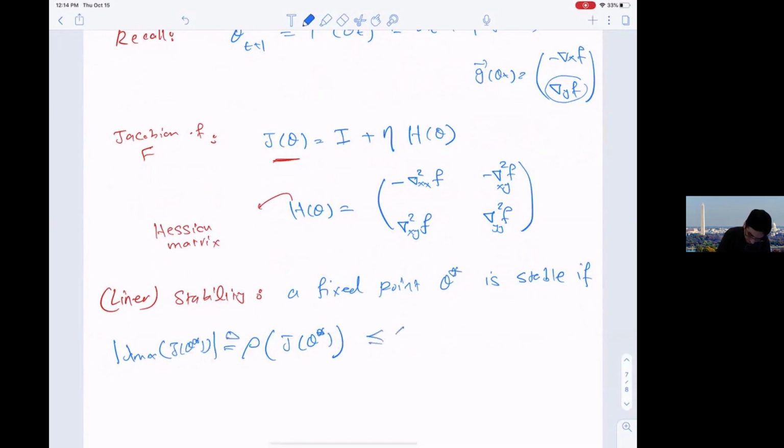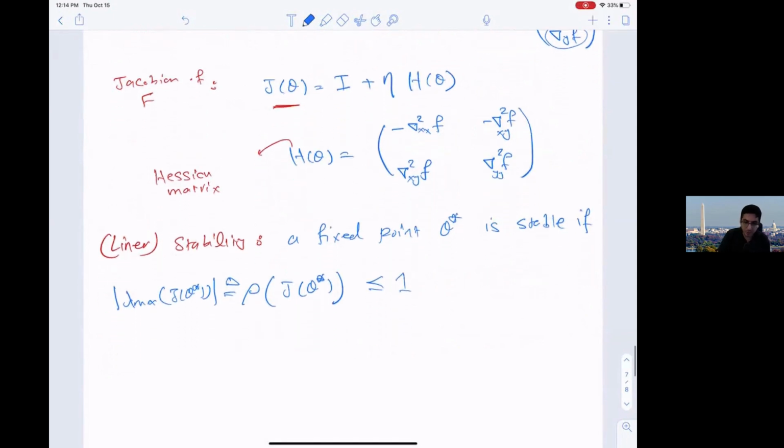If this is less than or equal to 1, then I'm linearly stable, so I'm not going to drift away from my point. But here we have the equality as well, right? So it may be possible that I have an eigenvalue equal to 1. In that case, that eigenvector is not going to shrink.